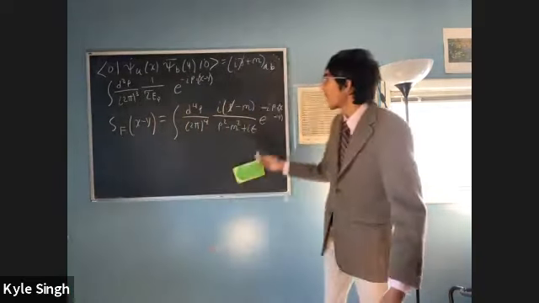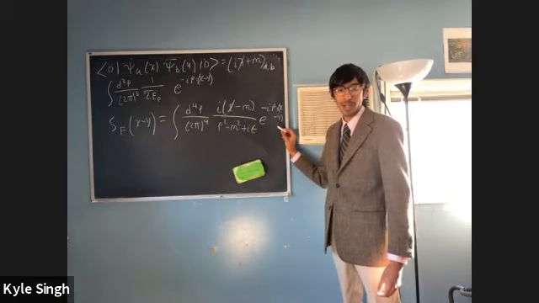This is the Feynman propagator. This is probably what you're familiar with in the book, right? Okay, good.